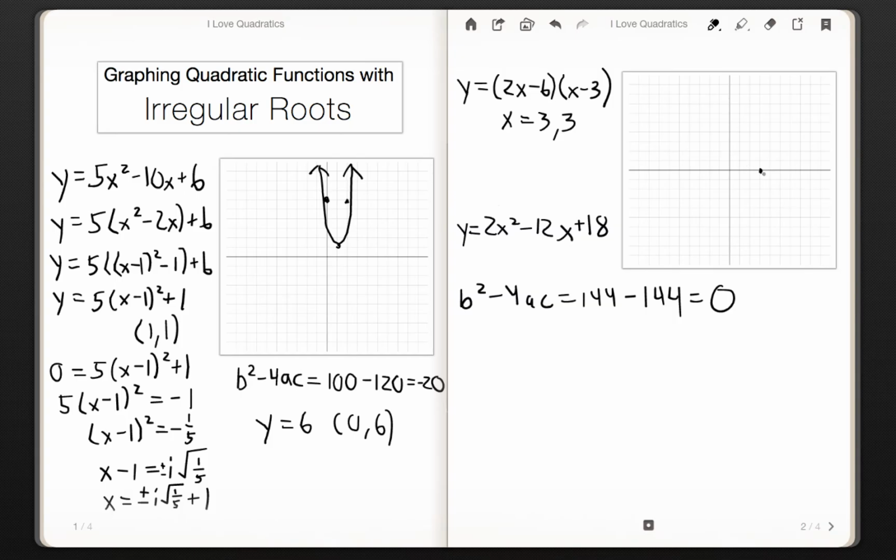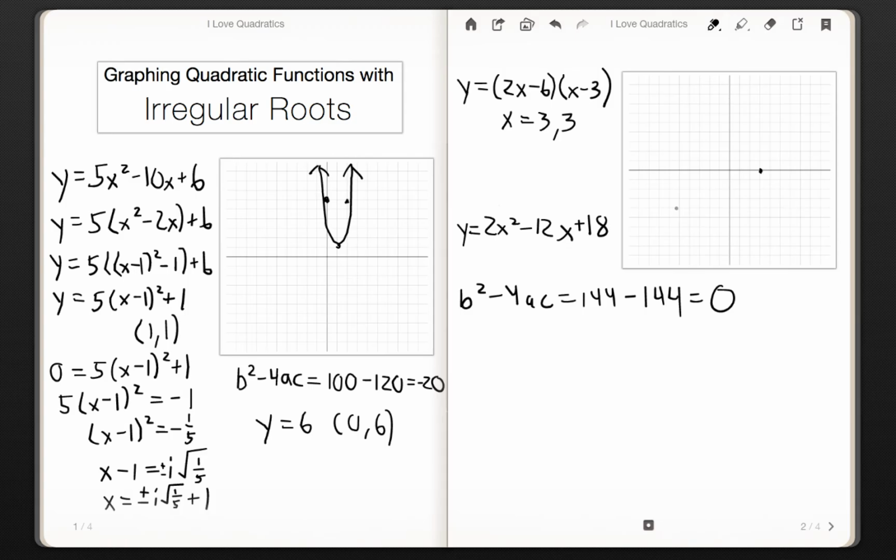So now, with this one, since we also only have one root, we don't have a second point where it's going to cross the axis. To make it easier to graph, we could again go to the y-intercept to help us graph. So the y-intercept being what is y equal to when x equals 0 on this y-axis. And we can easily substitute x equals 0 into this equation. If x equals 0, y is going to equal 18.